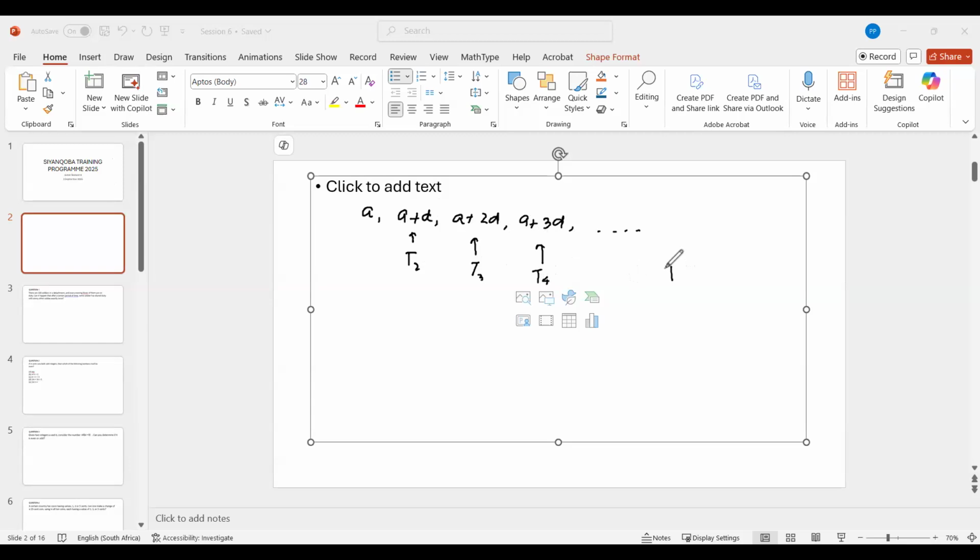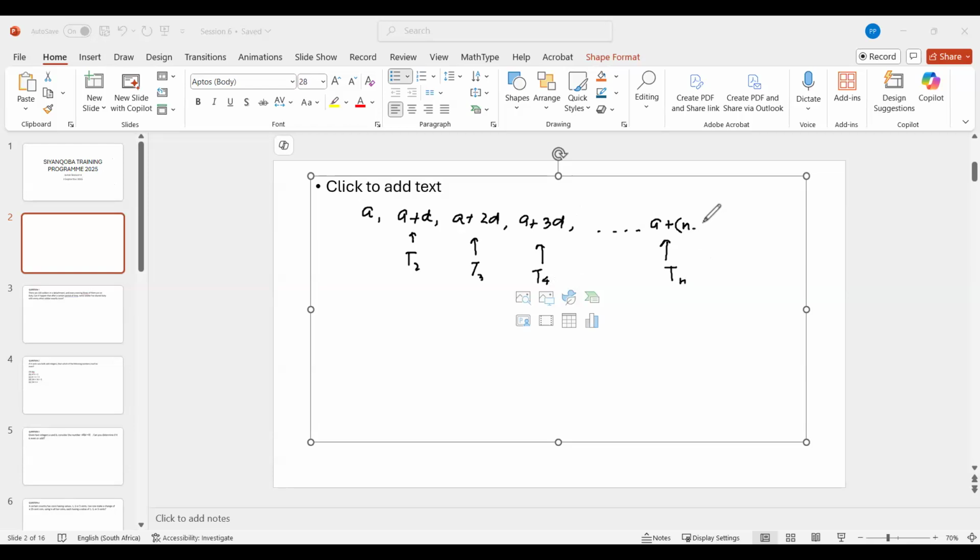So if I know what the nth term is, then it will be the same pattern, A plus, but now the coefficient of D is 1 less than the subscript.